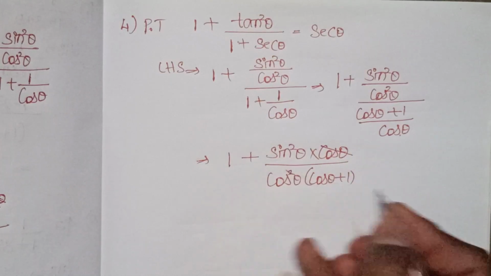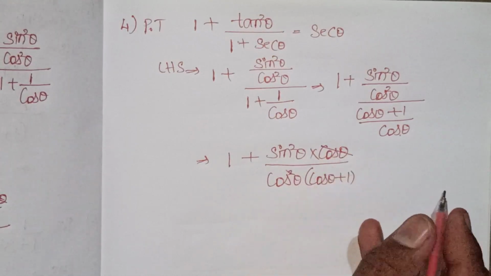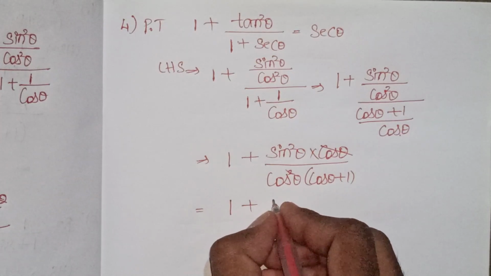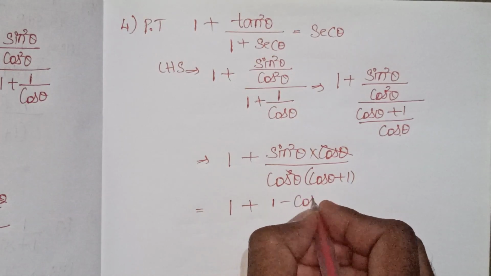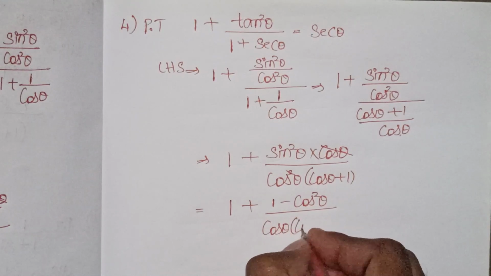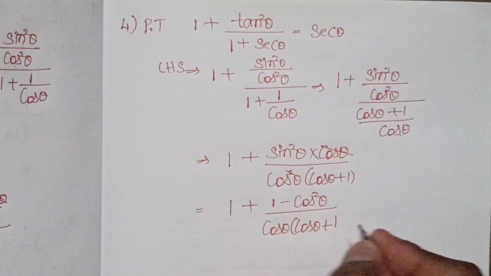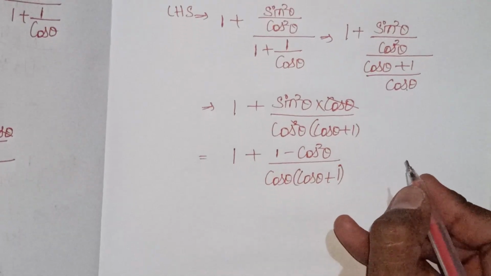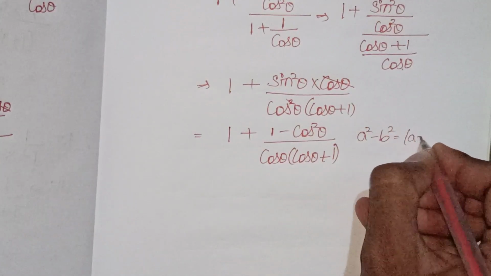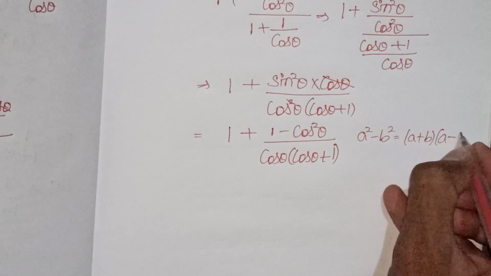Therefore, one cos and one cos in the numerator and denominator will get cancelled. Therefore, 1 − cos²θ divided by cosθ into (cosθ + 1). And in the numerator, we can note that a² − b² can be written as (a + b)(a − b).